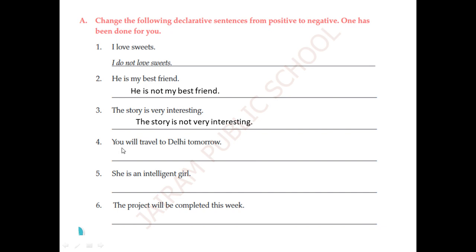Our answer is: you will not travel to Delhi tomorrow. So we simply add not after the helping verb. Here the helping verb is will. You will travel to Delhi tomorrow is the positive form. You will not travel to Delhi tomorrow is the negative form.